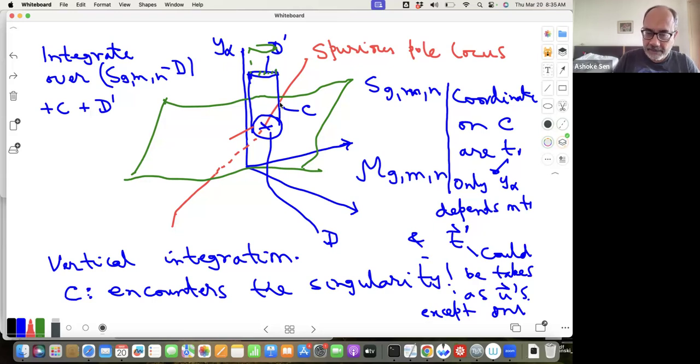There are many spurious pole loci, so the most systematic way is to make them into small chambers, make sure that inside each chamber there's no spurious pole, and then you erect the vertical segments, which intersect the spurious poles.